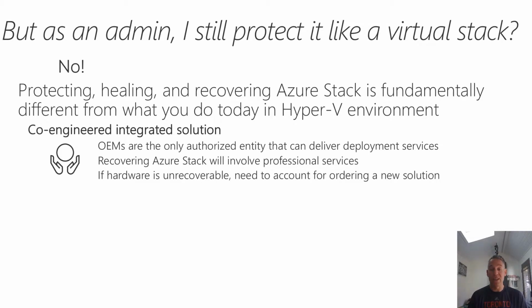The reason for this is that, as you saw before in the patch and update cycle, we don't let any additional tools run in the server nodes. Only the Azure Stack software, so that's Windows Server plus the Fabric virtual machines. Those are the only things that we allow to run in the base underlying operating system for Azure Stack.